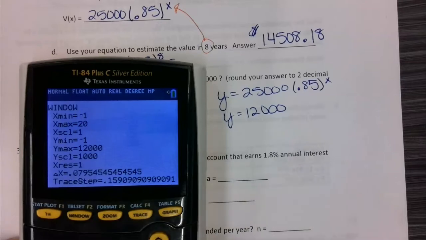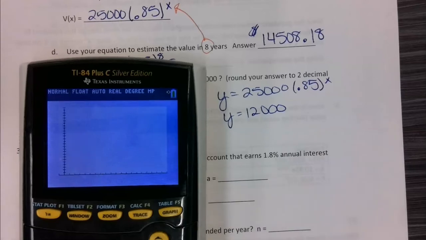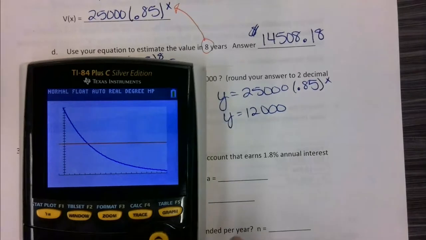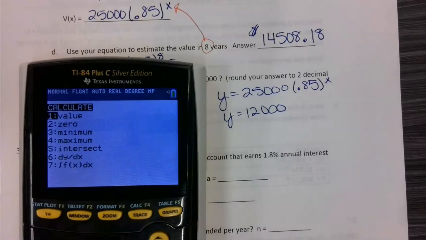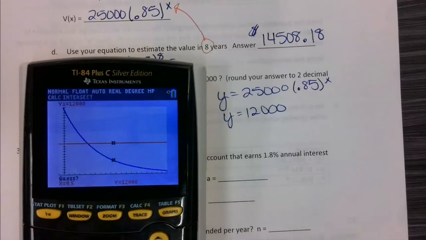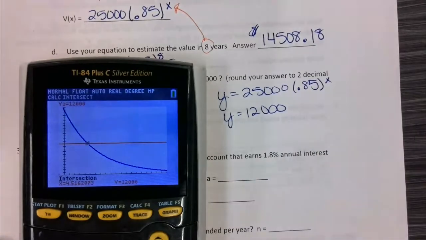It needs to go up to 25,000, so I'm going to make my y max 26,000. Okay. Then I'm going to go second calc, choice 5 to figure out where they cross. I press enter 3 times, and this one wants me to round to 2 decimal places, so I get 4.52.